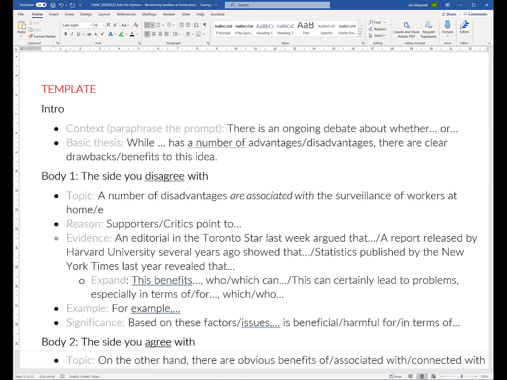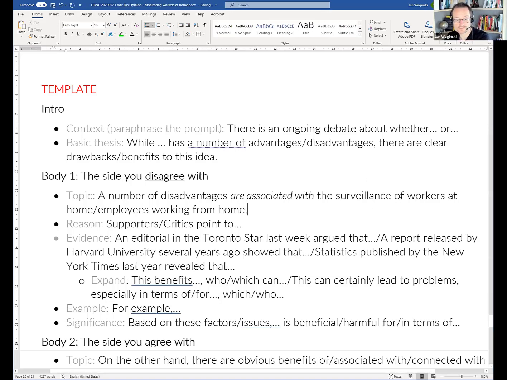Just because I feel like "surveillance of workers at home" gives me the impression of surveillance even if they don't work. Yes, good. And the surveillance of employees working from home. Let's do it the way you suggested, with surveillance of employees working from home.